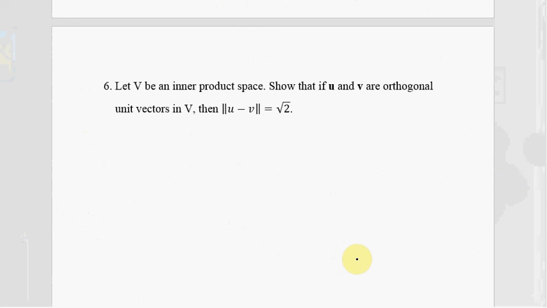Well, the key is always in the premise of the statement. The premise of the statement typically has information that says that something is given to be true. In the premise of this statement, two things are said to be true. What are they?